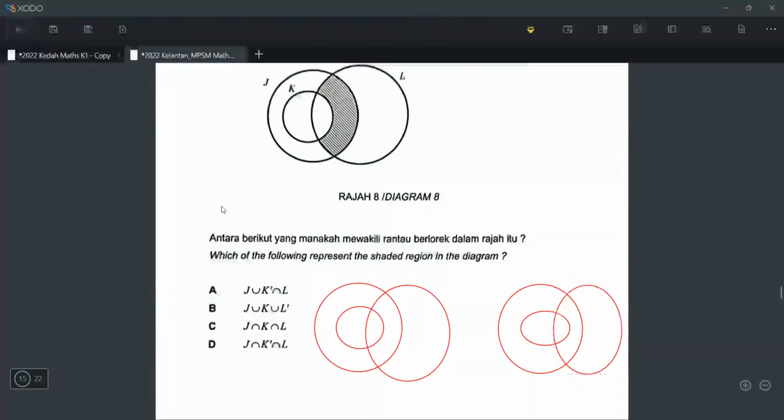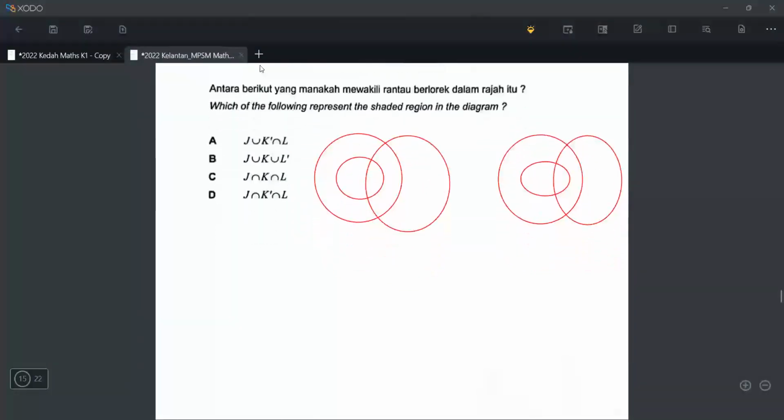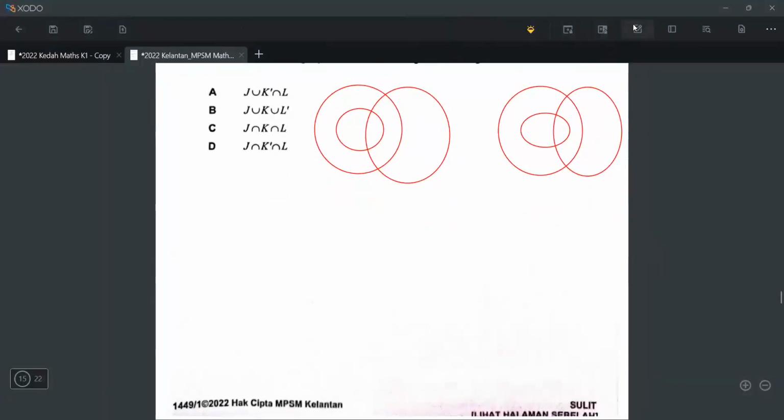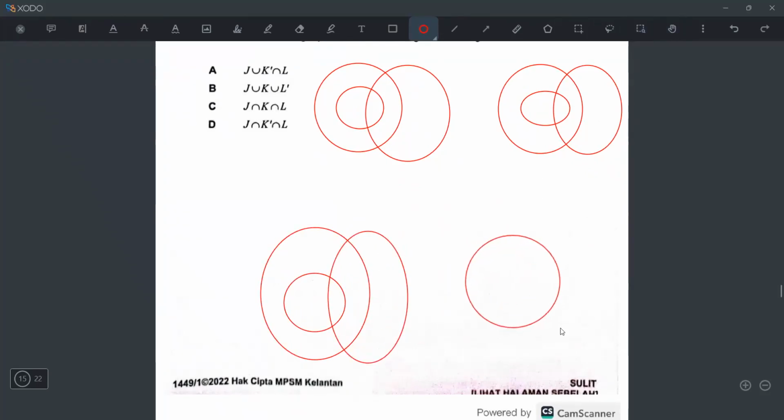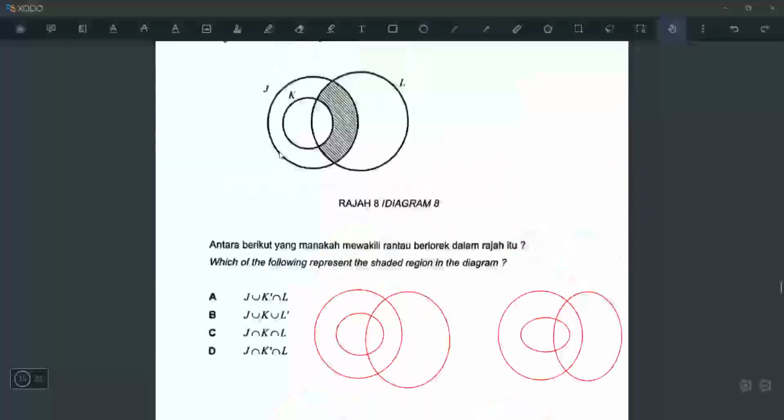It doesn't have to be a nice one. Then let's draw 2 more, like this and like this. Okay, now let's label it. If we scroll up, we can see that J is outside K and L.